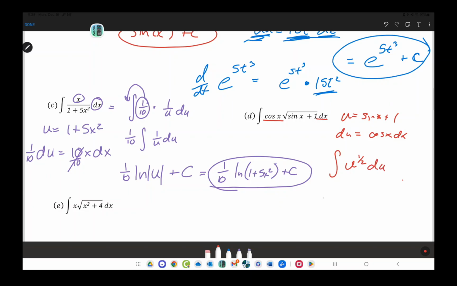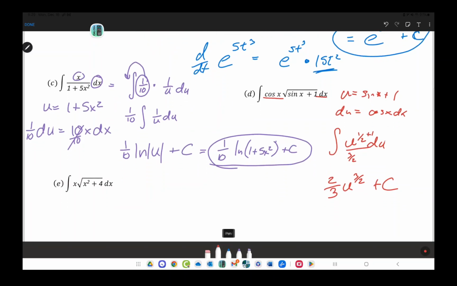Don't forget, we add 1 and then divide by the result. So we get 2/3 u to the 3/2 plus c. And since u is sine x plus 1, we get 2/3 (sine x plus 1) to the 3/2 plus c.